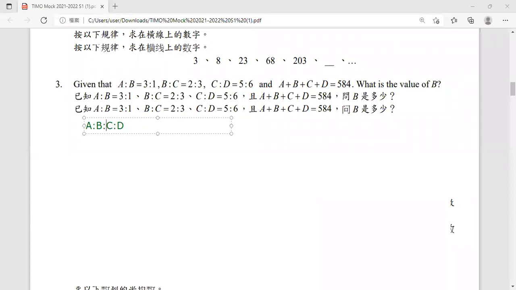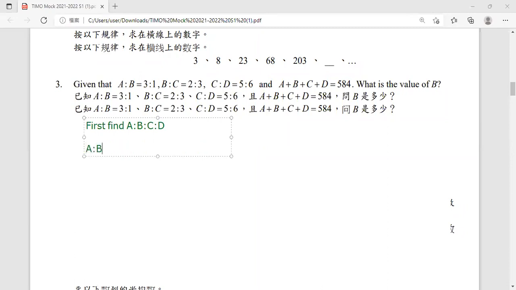You have to find this ratio. First, find A to B to C to D, and then use some multiplication or something like that.